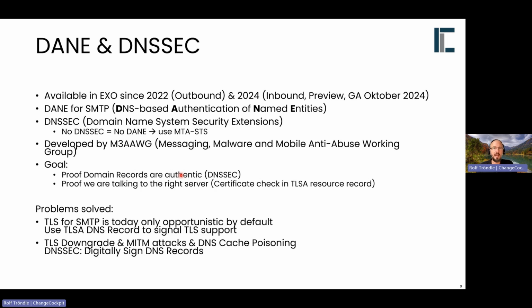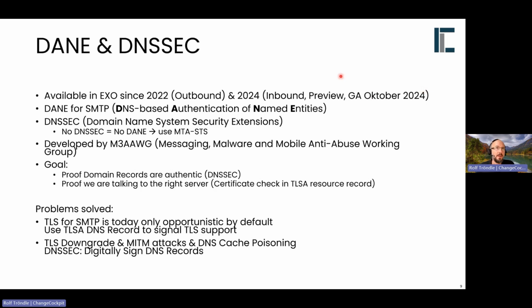And this year, which is why it's a very hot topic at the moment, DANE and DNSSEC are supported in Exchange Online for inbound email, meaning when you receive email from other domains. This is currently in preview and will be generally available in October 2024, so quite soon, or even this month.